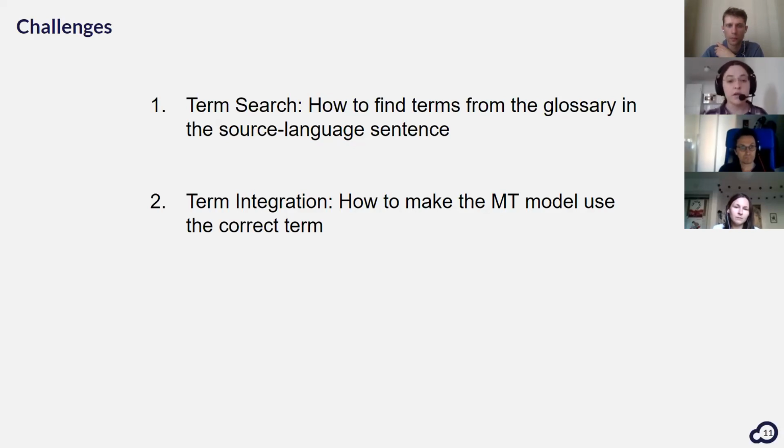The first one is term search. We have this glossary, but we have to figure out in the first place if any term in that glossary actually exists in the source sentence. And the second challenge is, now that we've found the term and know it should be in the sentence, how do we actually train the MT model to use that correct term?